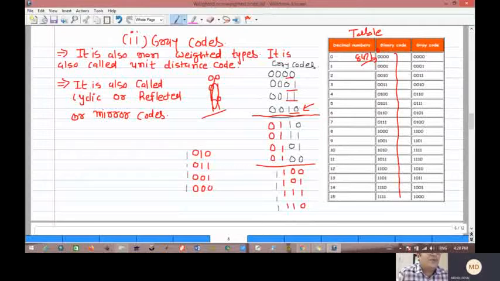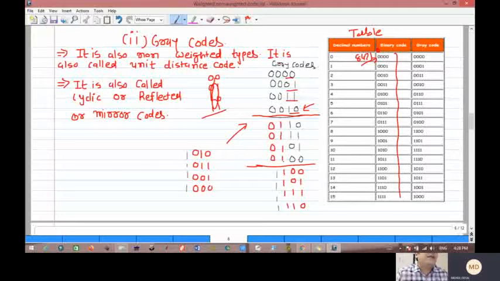Now we prefix 0 to the upper half and 1 to the lower half. Next, suppose the mirror is kept again. We observe 100, then 101, then 111, then 110, then 010, 011, 001 and 000. Now the upper 0s become 1s. So this is the conversion from binary to Gray code. If you have binary numbers from 0 to 15, by this method you can write the equivalent Gray code.